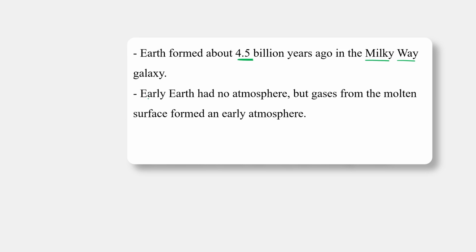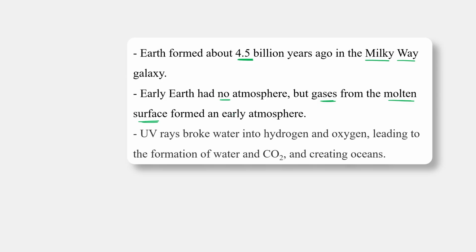Early Earth, the primitive Earth, had no atmosphere but various gases and a red-hot molten surface at that time, and this formed the early atmosphere. At that time, UV rays broke water vapor, and slowly with the passage of time, the water was split into hydrogen and oxygen.